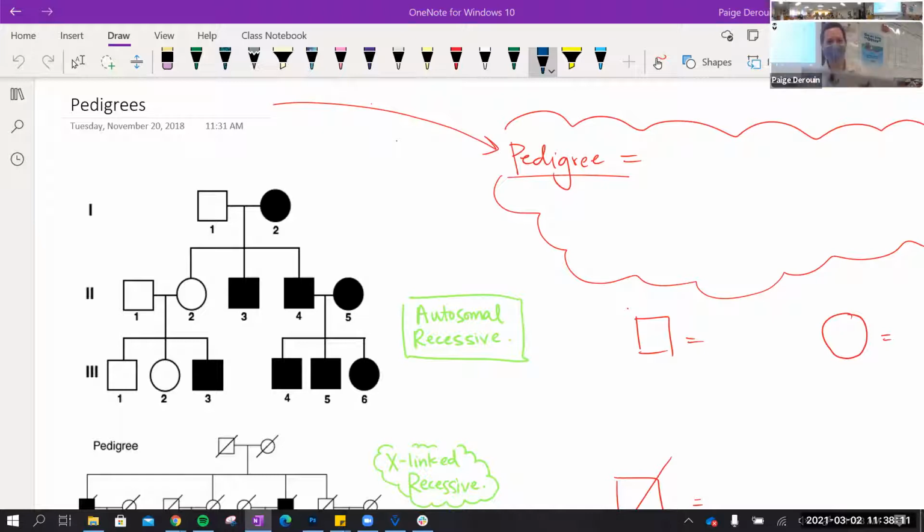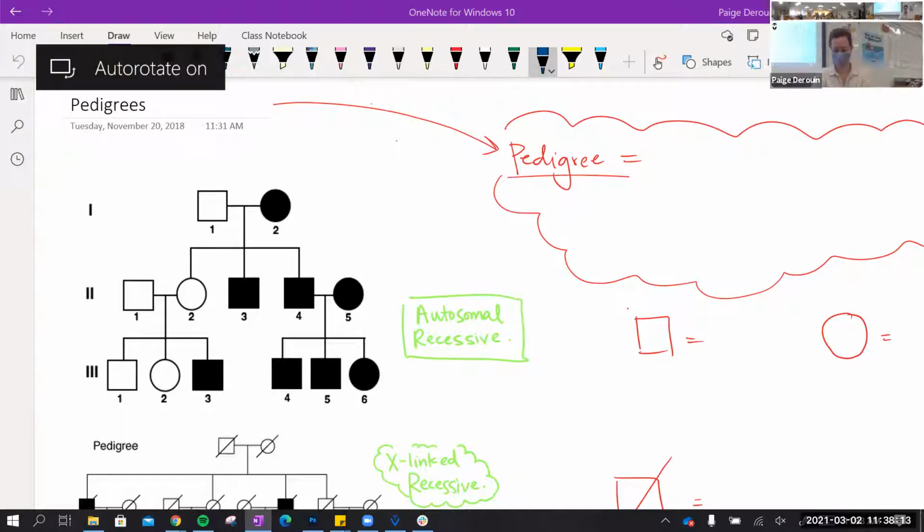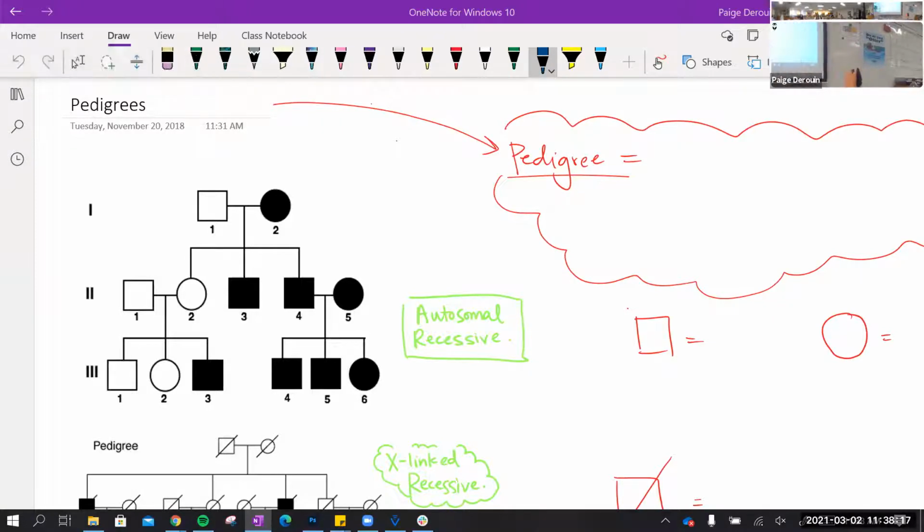Okay. So guys, have you ever seen a picture like this before? Okay, some people have. And some people haven't. Okay, basically what this is, it's a fancy scientific family tree that shows one trait being passed through the family. So that's what we're going to write for our definition.